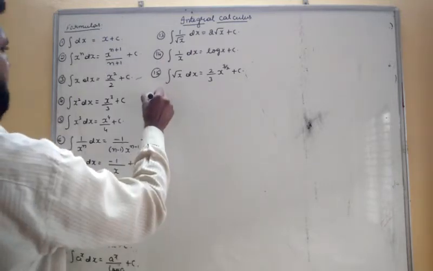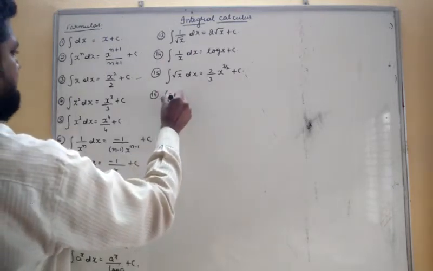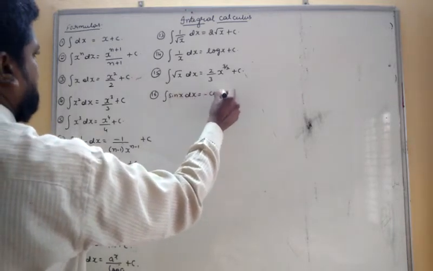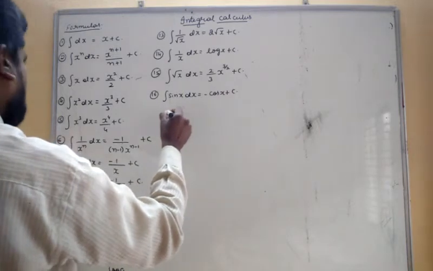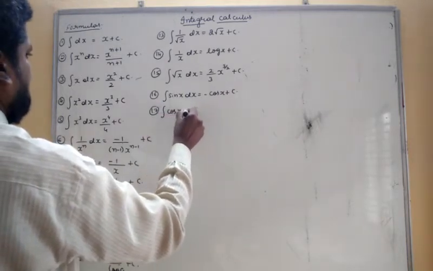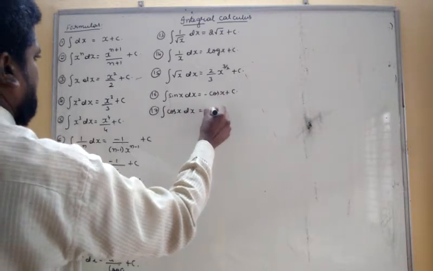So next, integration of sin x is minus cos x plus c. Then cos x integration is sin x plus c.